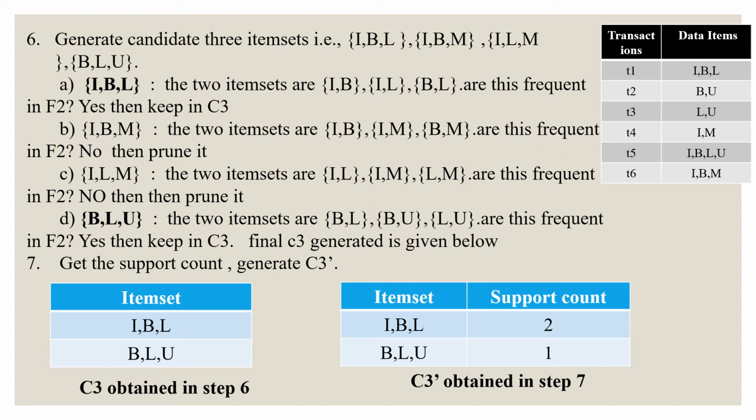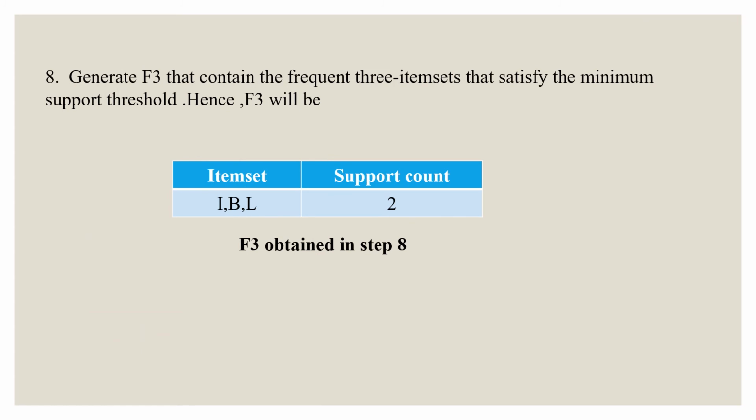Here IBL is equal to 2, but BLU is less than 2. So we are going to consider this one value only, and not this value. So the table is here. This is the frequent item set value; we consider only the first one.